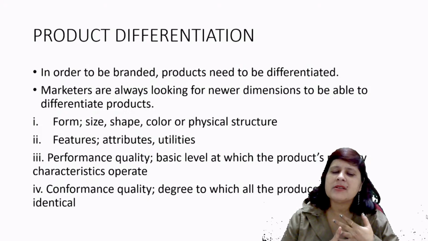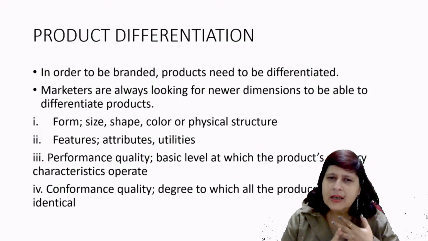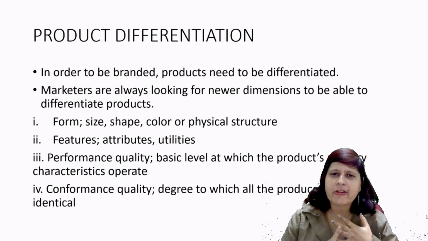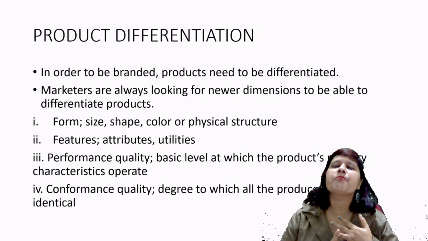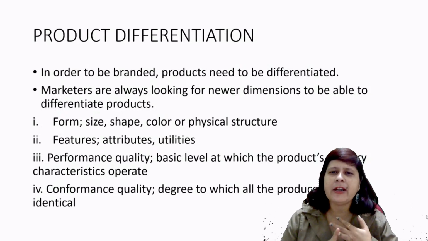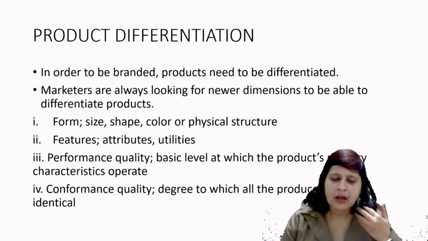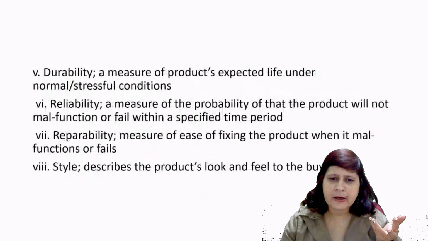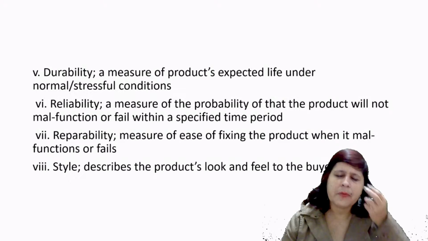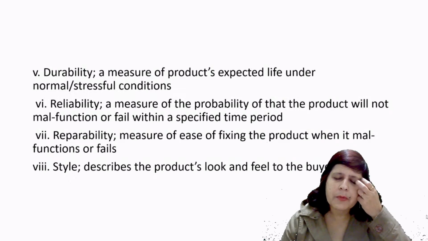It could be on the basis of utilities. It could be on the basis of attributes or the characteristics of a product. It could be on the basis of quality of the performance, quality of the product, right? It could be on the basis of quality or the durability of the product. How durable your product is, how reliable your product is.